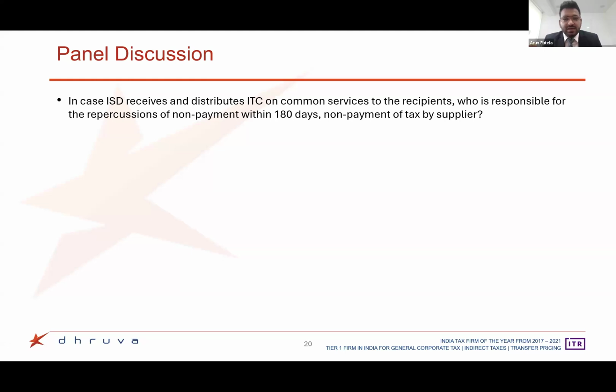The very first option is a hyper technical one, wherein since ISD has to distribute a credit bifurcated into eligible and ineligible credit, and the condition of 180 days makes an ITC ineligible. So in case ISD has distributed a credit and after 6-7 months, since there was no payment of consideration, it became ineligible, ISD should change or rectify that credit by issuing a credit note first and then issuing a debit note by making it ineligible.